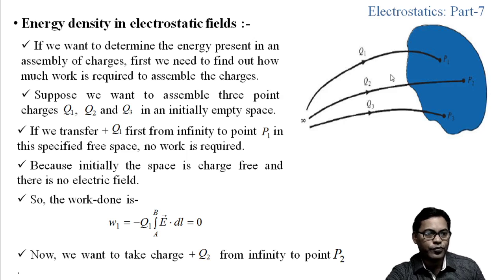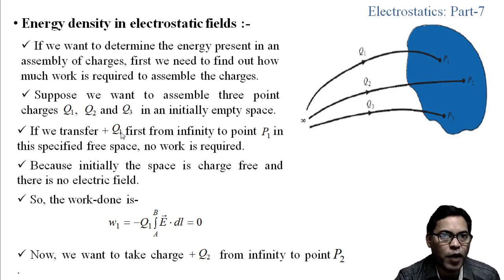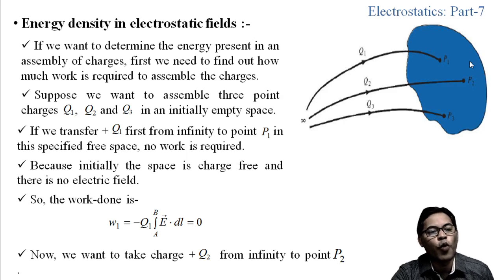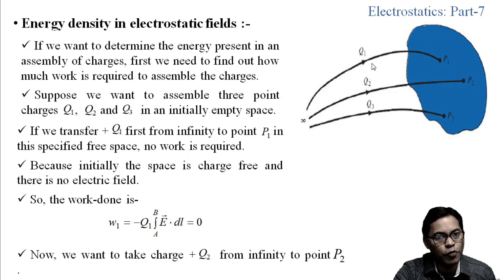P1. If we transfer plus Q1 charge first from infinity to P1 in the specified free space, no work is required because here no electric field is present. So no attraction force or repulsion force will be given by this space to the Q1.